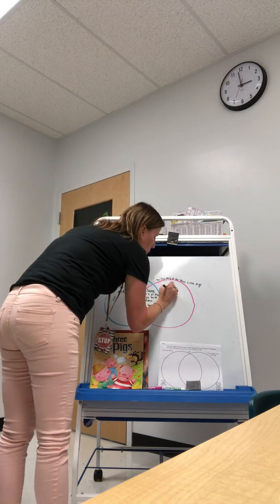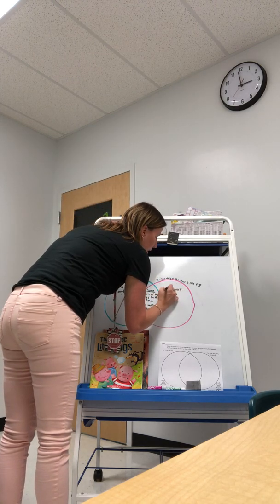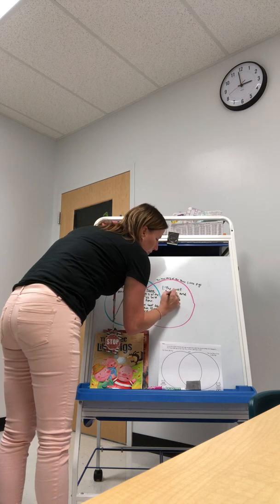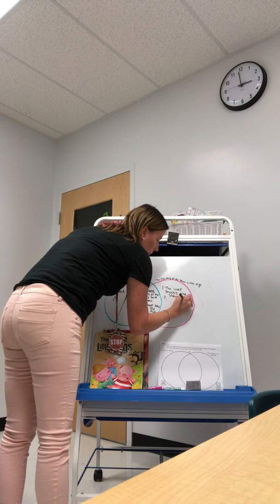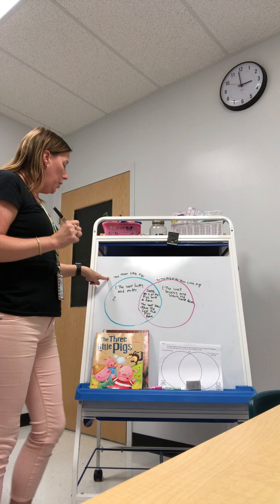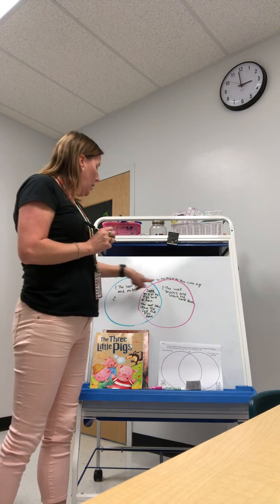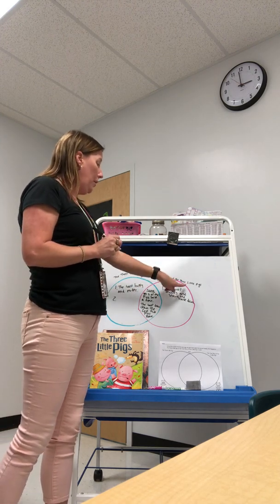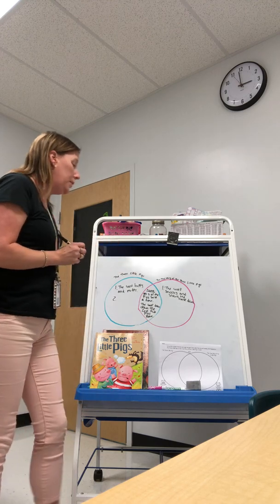Yep, the wolf sneezes and blows the houses down. Perfect, so that's how they're different. So in the Three Little Pigs, the wolf huffs and puffs and blows the houses down. In the true story of the Three Little Pigs, the wolf sneezes and blows the house down.